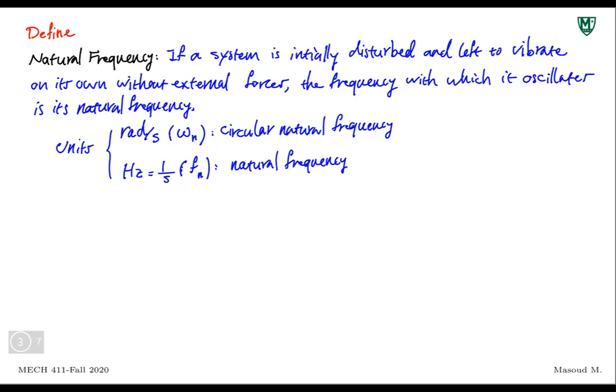Now, think about the units. What do they tell us about natural frequency, or about frequencies as a general concept? You can think of frequency as a kind of velocity, right? The unit says radian per second. Remember, the unit for velocity was meter per second, how fast we go on a line. Now, radian per second tells us how many radians this pendulum is going to move in a second.